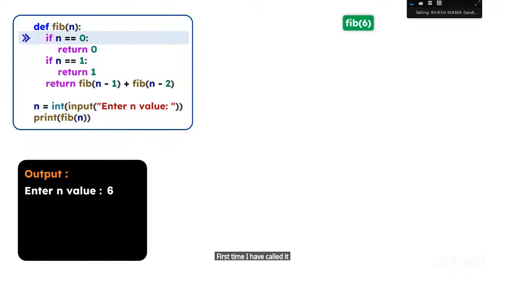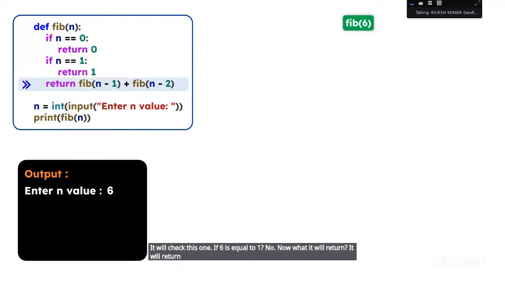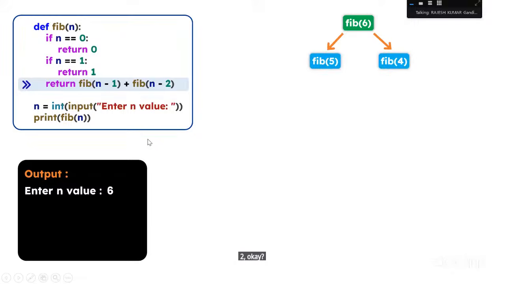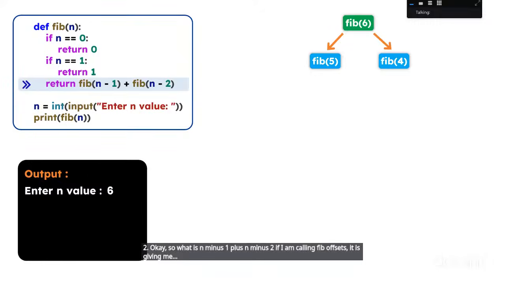So fib of 6, is 6 equal to 0? No. It will check this one. Is 6 equal to 1? No. Now what will it return? It will return fib of n minus 1 plus fib of n minus 2. So if I'm calling fib of 6, it is giving me fib of 5 plus fib of 4 here.